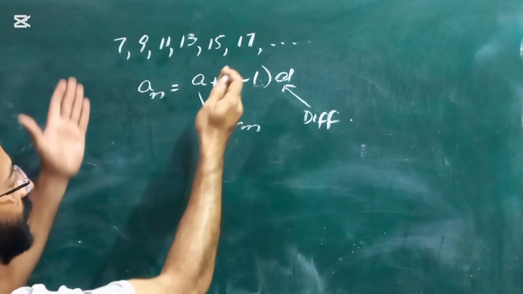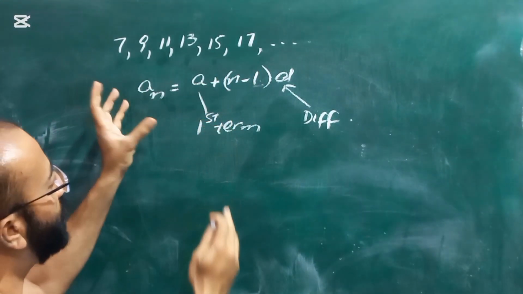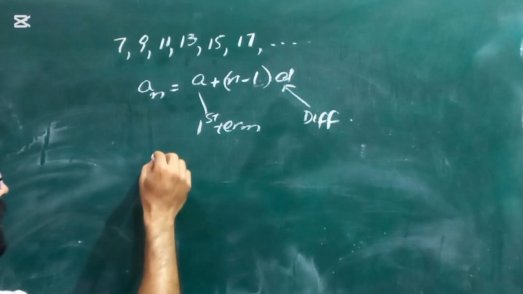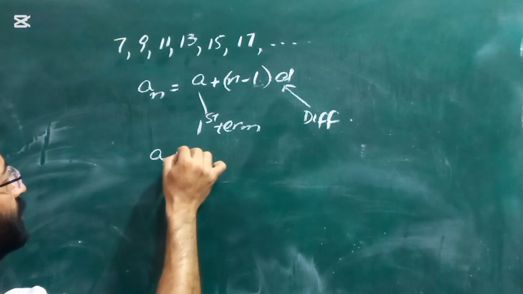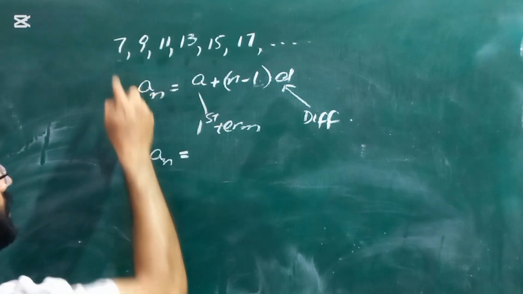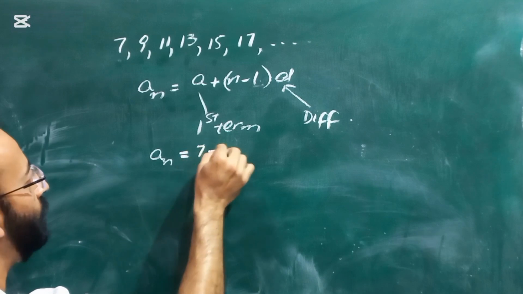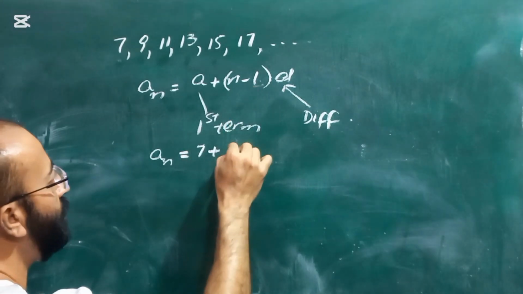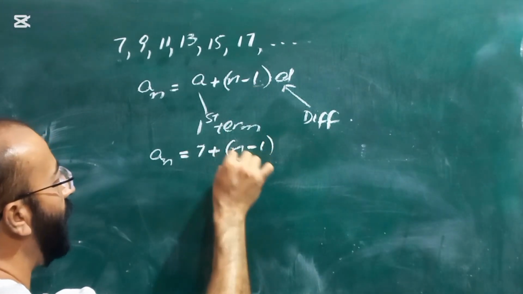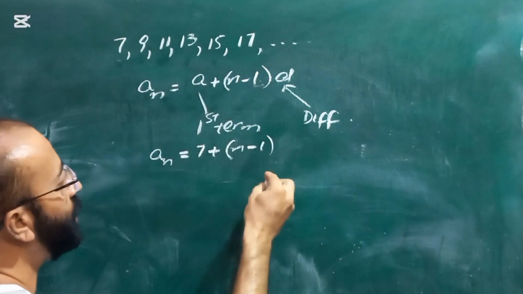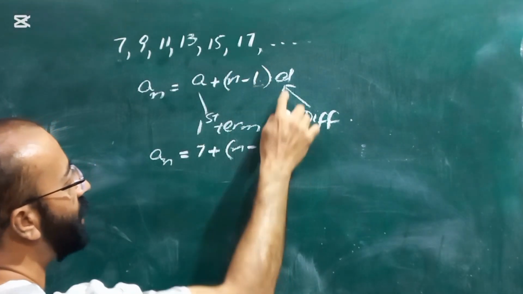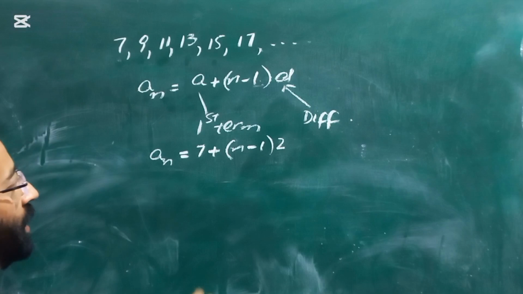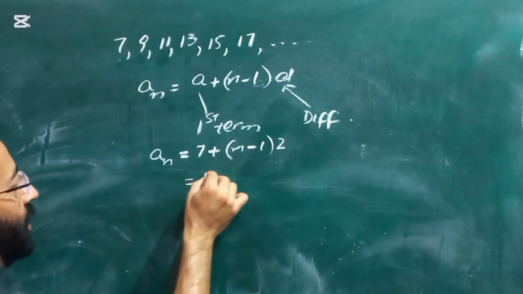So here is the number sequence. Now we are going to put the values in this formula. An will remain as it is. A is the first term, that is 7, plus n minus 1 will remain as it is, and the difference between consecutive terms is 2, so 2 will be placed in place of d. So solve it now.